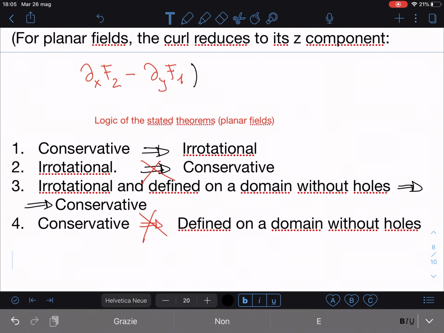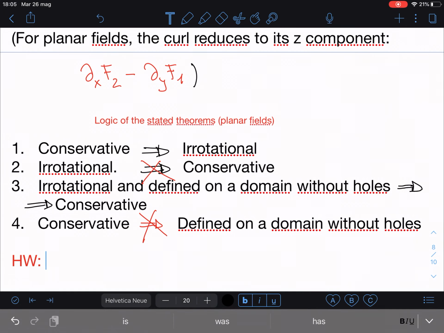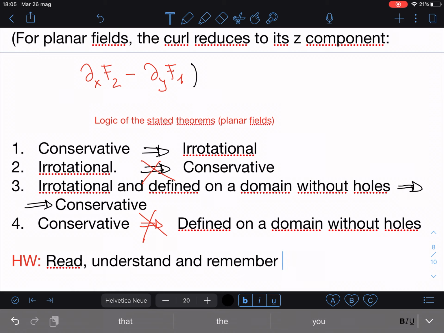So, homework. You have to read, understand, and remember points from 1 to 4.